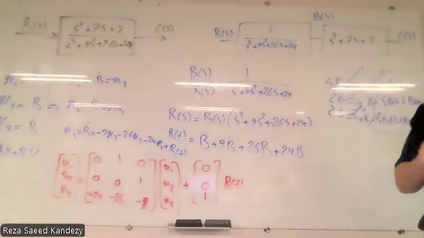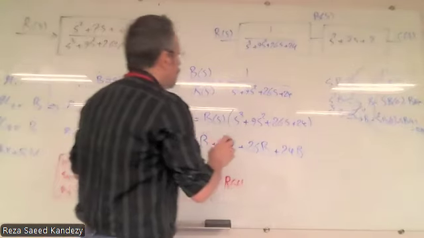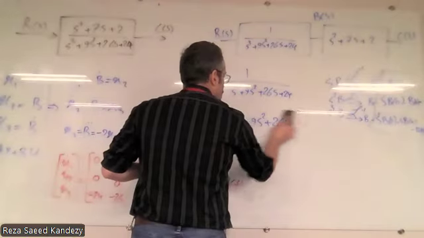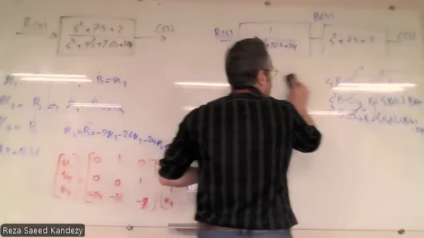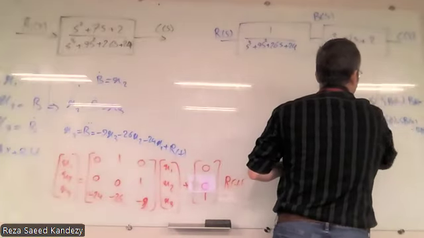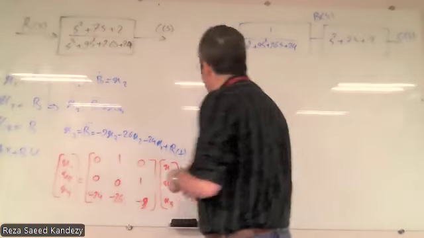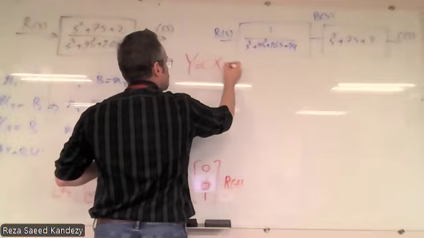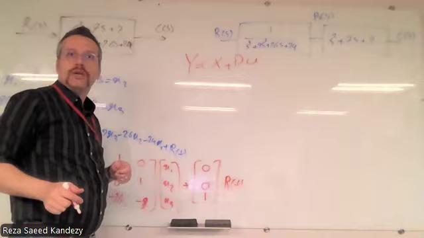Okay? Now, as I mentioned, I don't want it to stop here. I also want the formula for the output y, equal to Cx plus Du, that famous formula.